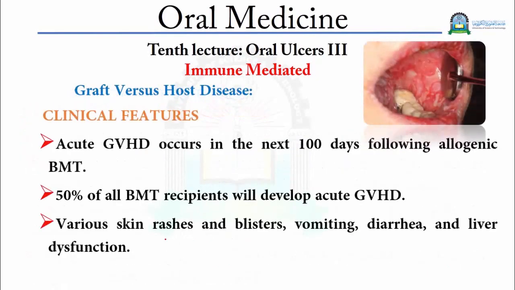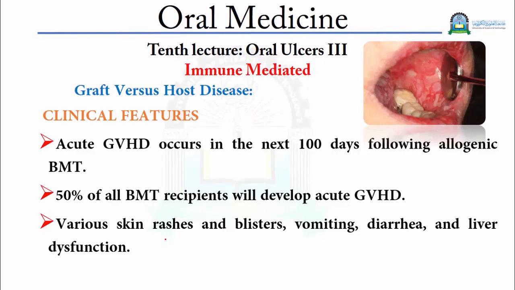Clinically, graft-versus-host disease appears as an acute phase within the first 100 days following the allogenic bone marrow transplantation, and 50% of all bone marrow transplantation recipients will develop acute graft-versus-host disease.